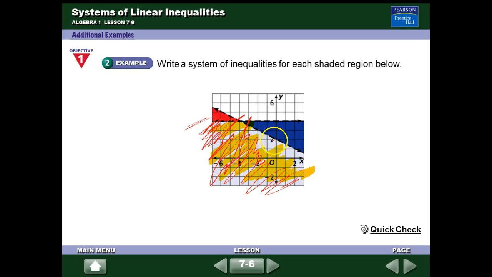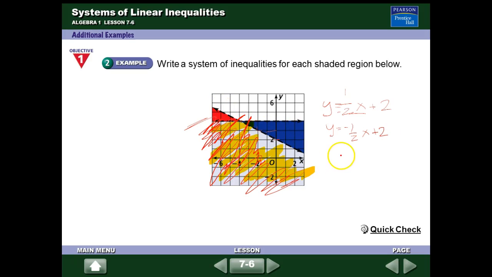We know it hits our y-axis at 2. So y equals something x plus 2. So we need to find my slope. It goes down 1 and right 2, or up 1 to the left 2. And it's a negative. So it's really going to be y equals negative 1/2 x plus 2. That is the line of my first inequality.